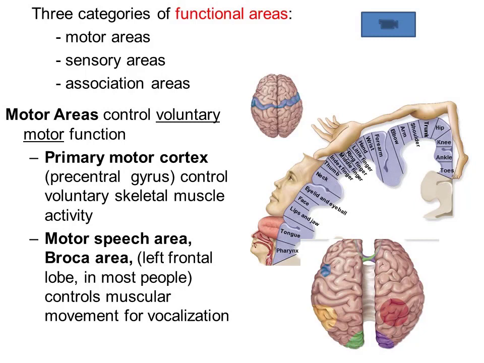Now we also have motor, we will ourselves to speak. And so our motor speech area, also called the Broca area, this is going to be our left frontal lobe, and they've illustrated it here a little bit in this blue. But this is going to control our speech.